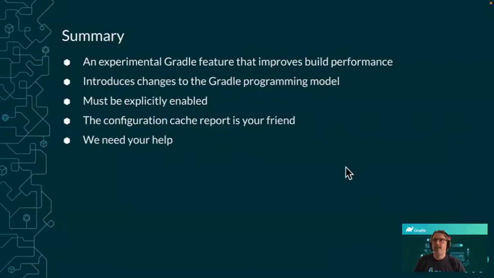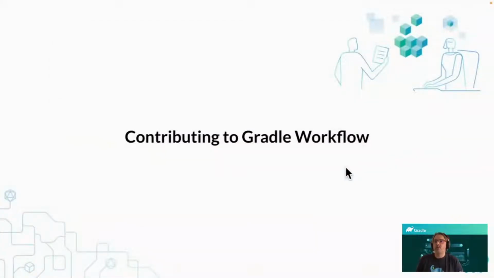So now I would like to go to the second section of the presentation and talk about how you can contribute to Gradle by using the workflow the configuration cache team prepared for you.